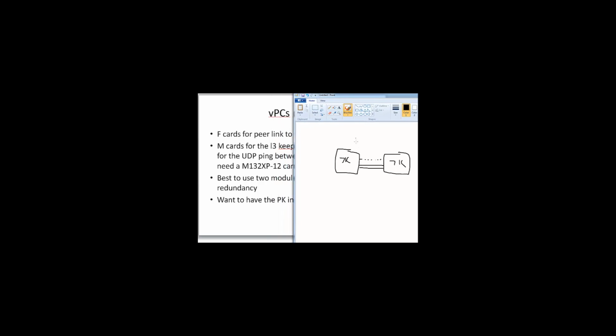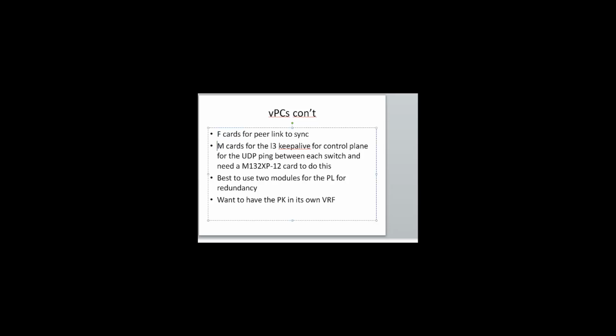So generally what you try to do, and let's say these are the line cards, and I know if you're using a 7010, they're not going to be horizontal, they'll be vertical. Now when I say F cards and M cards, this is beyond the scope of tonight's talk. But F cards is generally going to be your layer 2 traffic. M cards are generally going to be for layer 3 traffic.